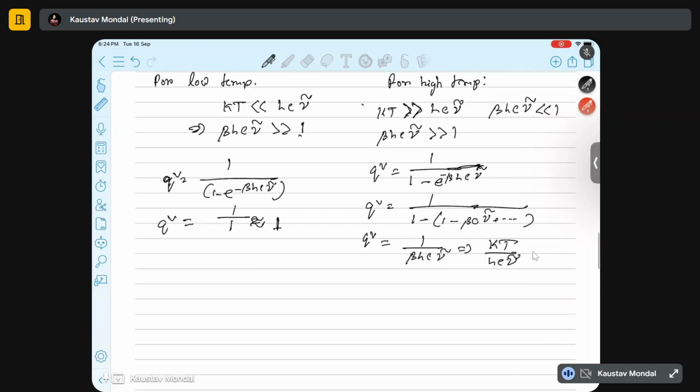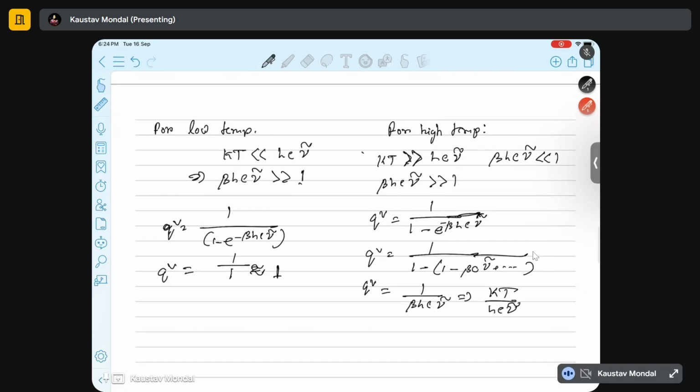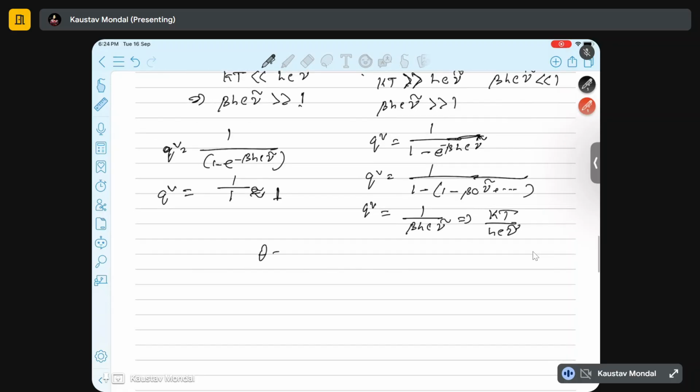Now here also, just like the case of the rotational partition function, we have defined a characteristic temperature, which is known as the vibrational temperature. The expression of the vibrational temperature, theta V, is simply hc nu tilde by k.